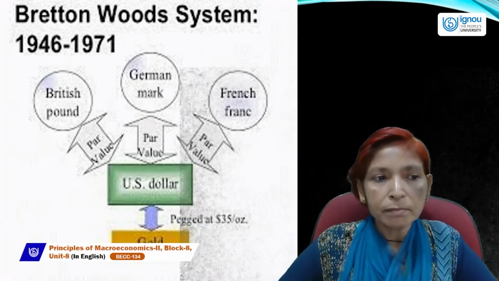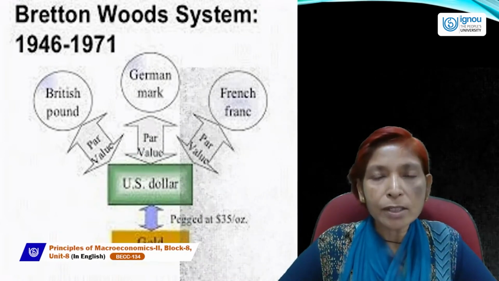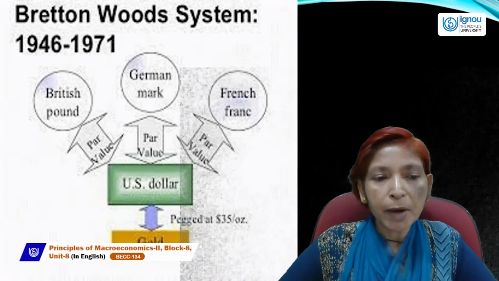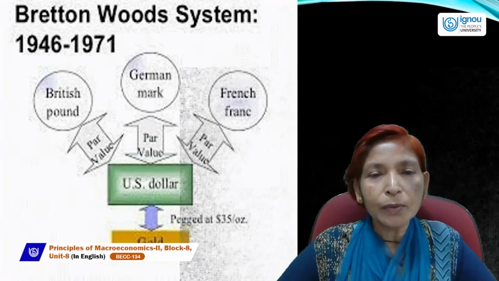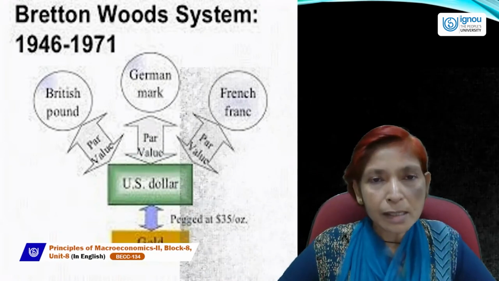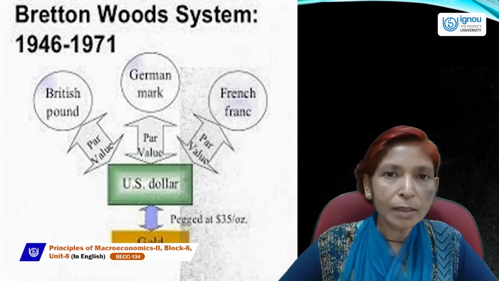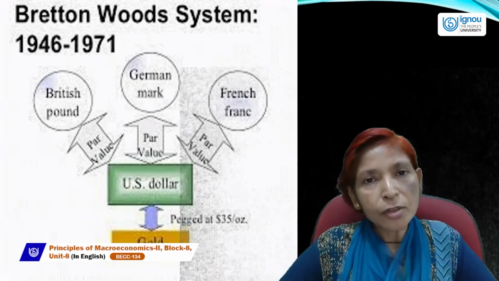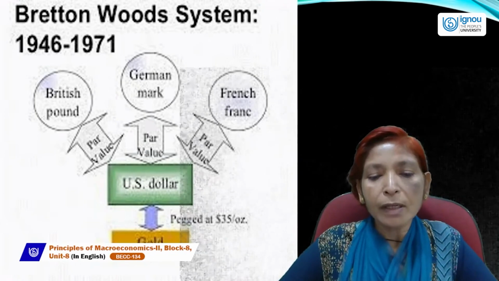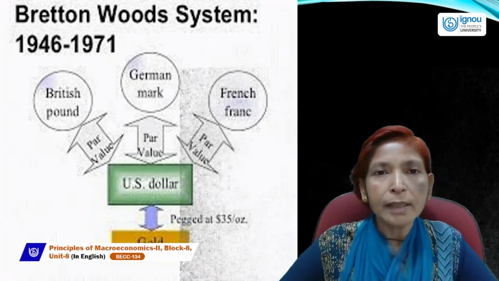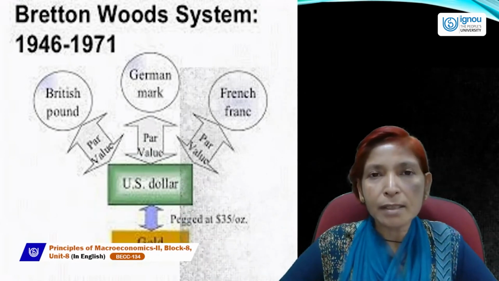In this system, the British pound, German mark, and French franc had par value currencies in terms of the US dollar, and the US dollar was converted in terms of gold, which was pegged at $35 an ounce. That is called the Bretton Woods system or fixed exchange rate system.